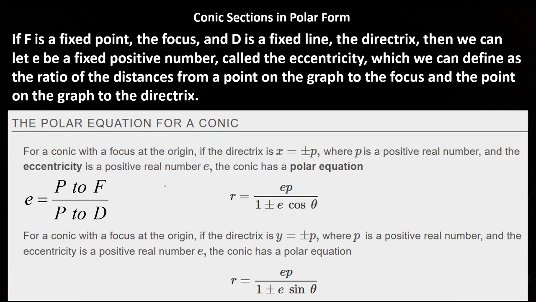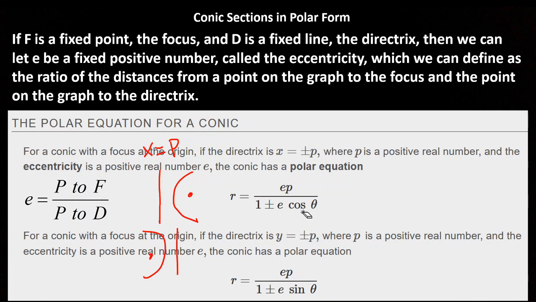So if the directrix is vertical, then that means the conic is horizontal, right? And the equation of this is given by x equals p. Now p could be positive or negative, right? Could be on this side or on that side. So it could be this way, or it could be what? It could be this way.